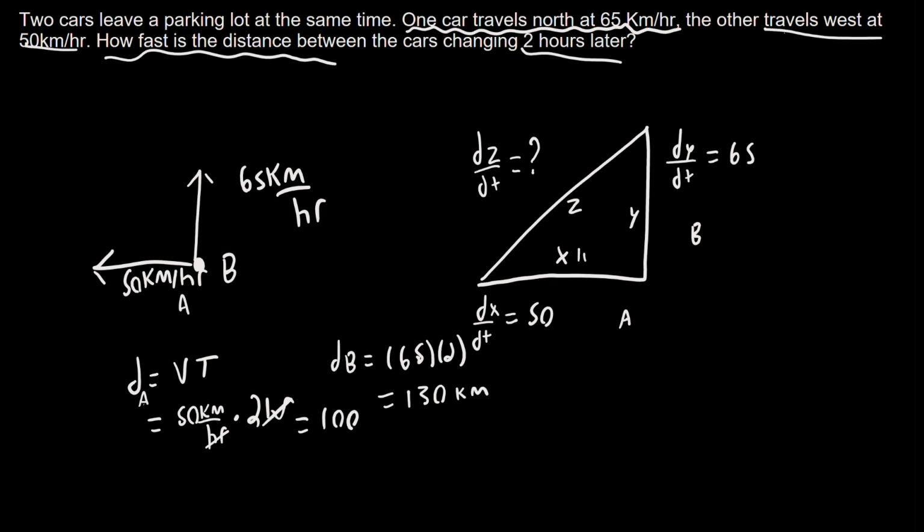Now we could label that here, so 100 and 130. And now we could find side length z, so z equals root 100 squared plus 130 squared. Now if you plug that in, you'll get 164. So we could label that as well.